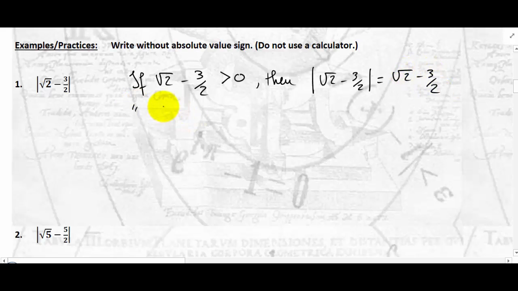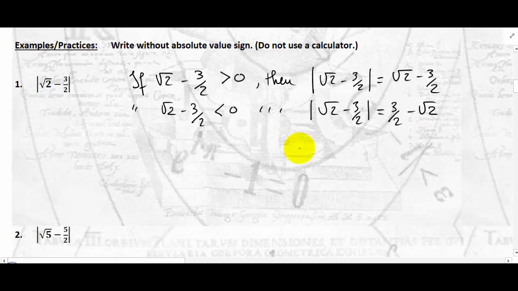If root 2 minus 3/2 is negative, then the absolute value of root 2 minus 3/2 would be the opposite of root 2 minus 3/2, which is just 3/2 minus root 2.